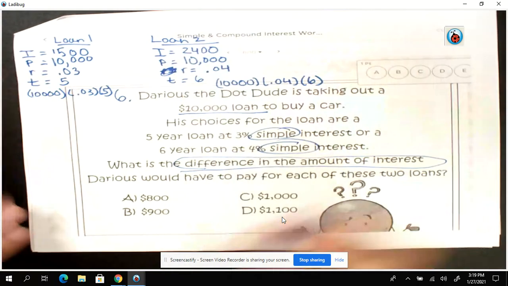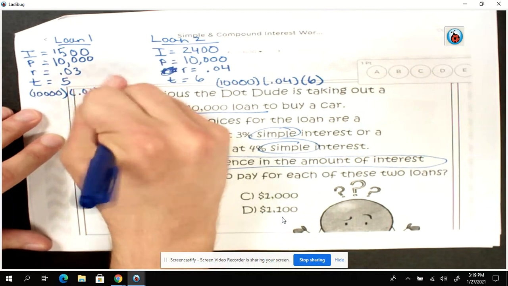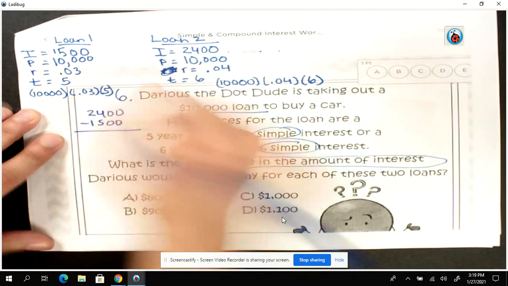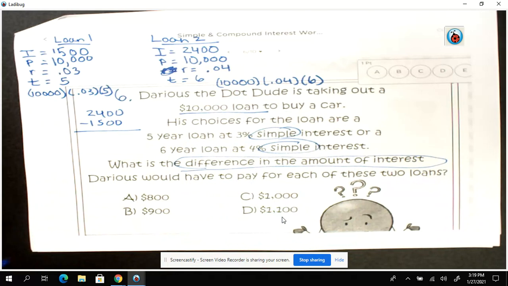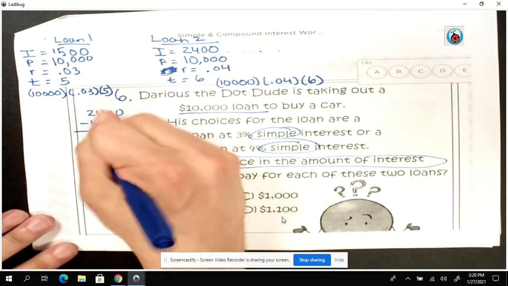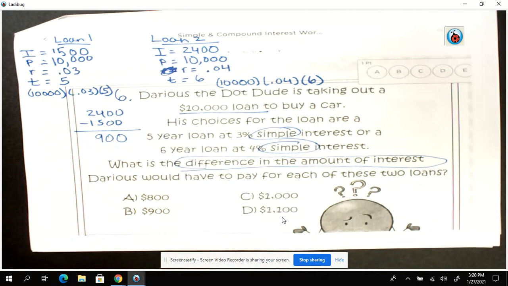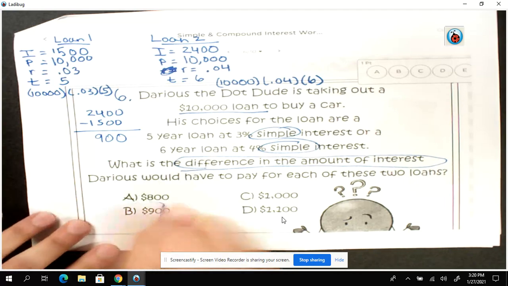It wants the difference, so we take 2,400 and subtract 1,500 from it. You should get $900. Double check that. Yep, 900. So that's number 6.